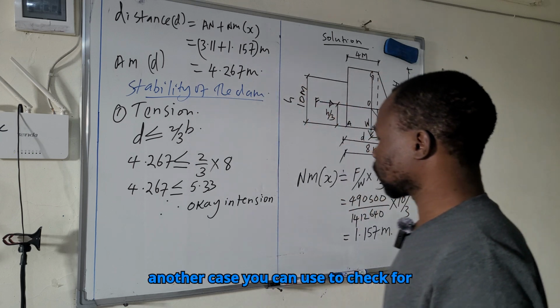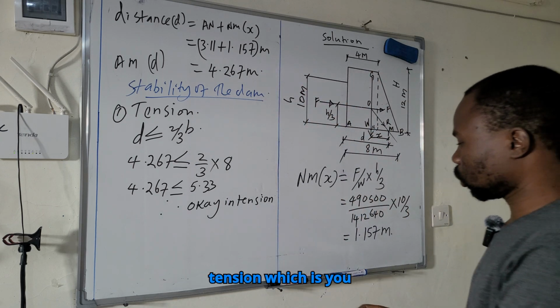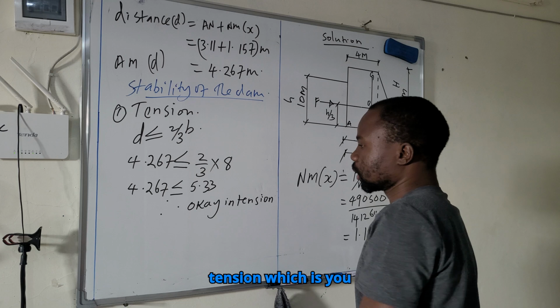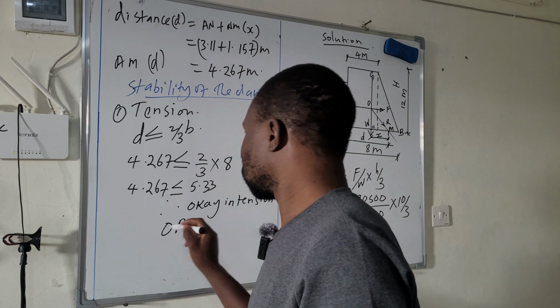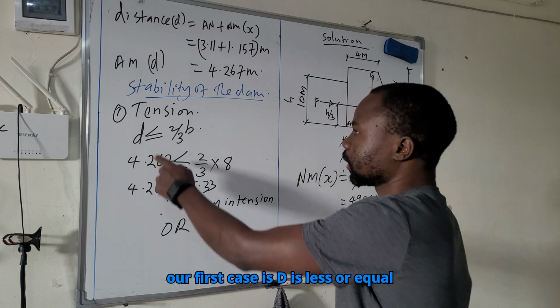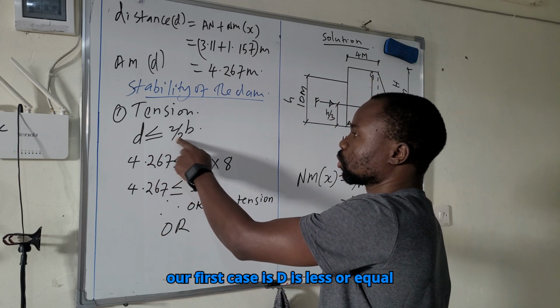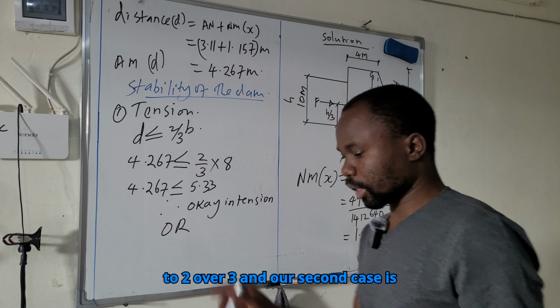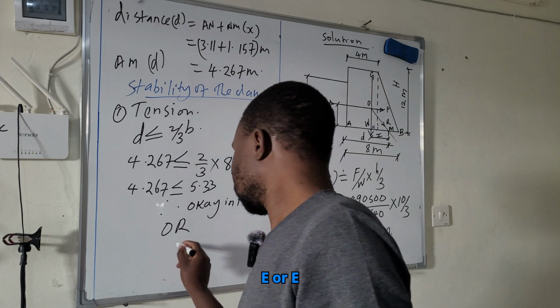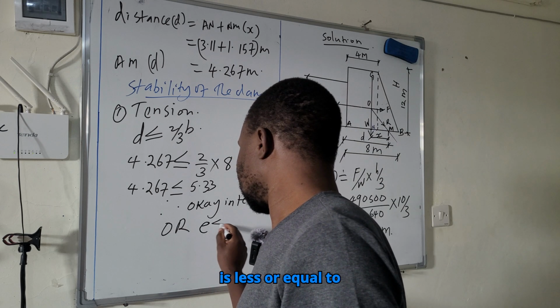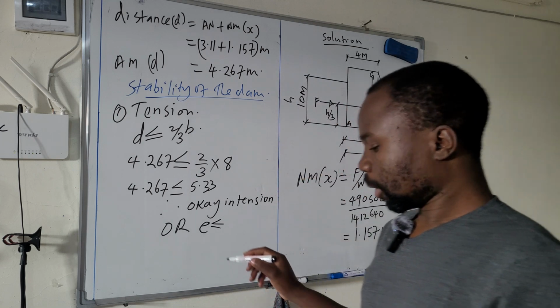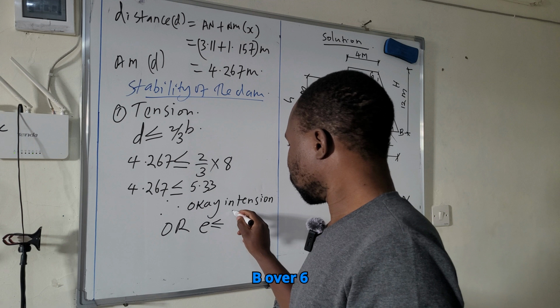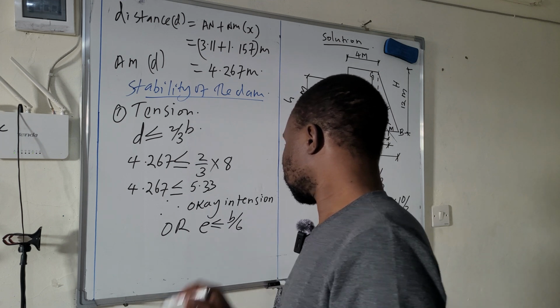There is also another case you can use to check for tension. Our first case is D is less or equal to 2/3B, and our second case is E is less or equal to B/6.